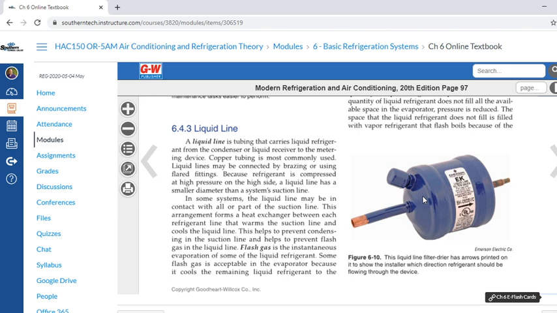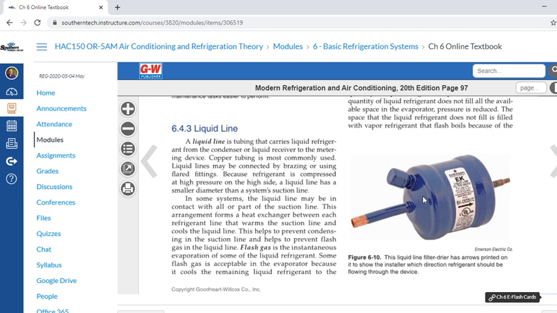The dryer can be a permanent function, or you might put it on just for a short period to make sure the lines in the system are clean, and then come back and remove these. Some dryers come with flared fittings that you can take off and put a section of pipe in between, or you can remove them.